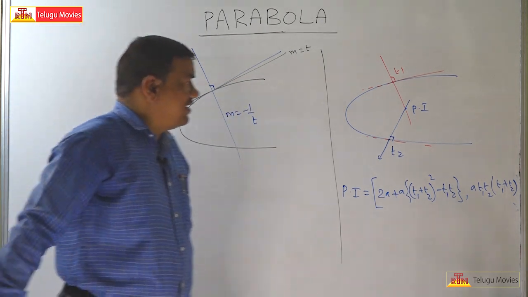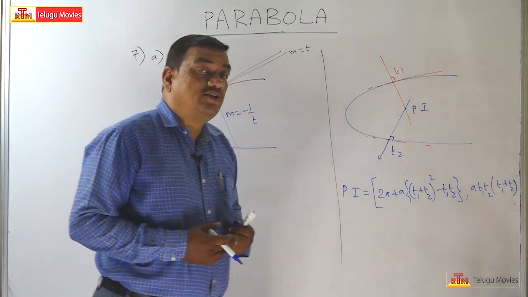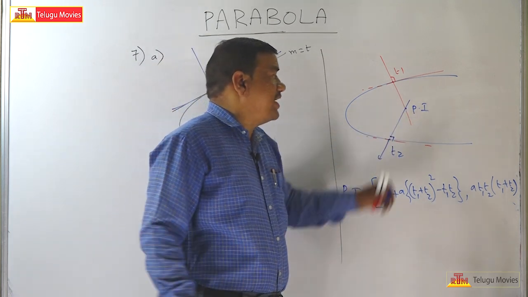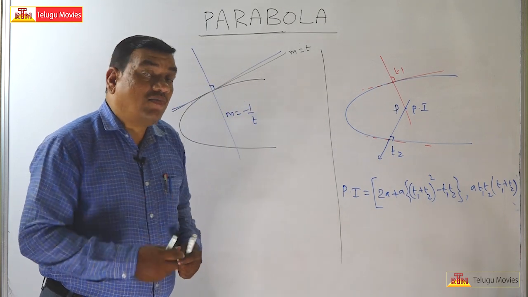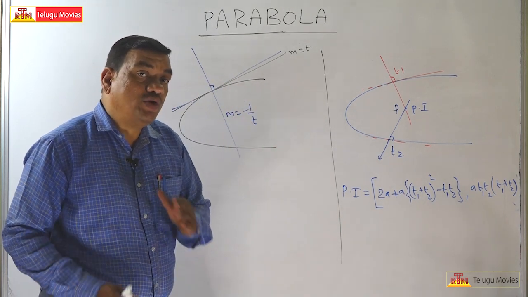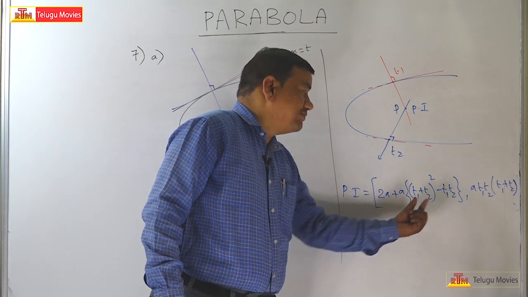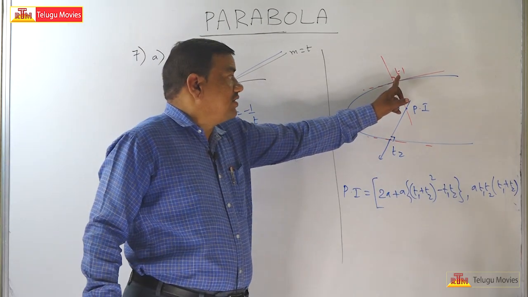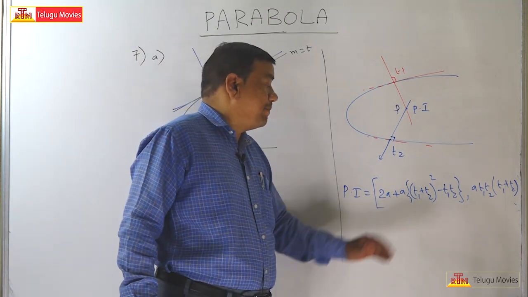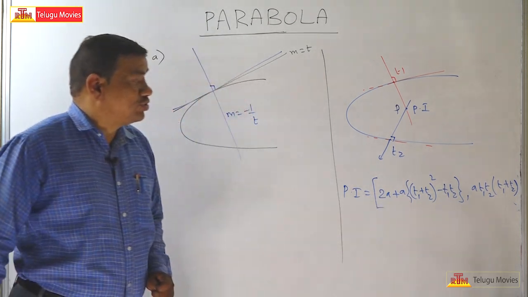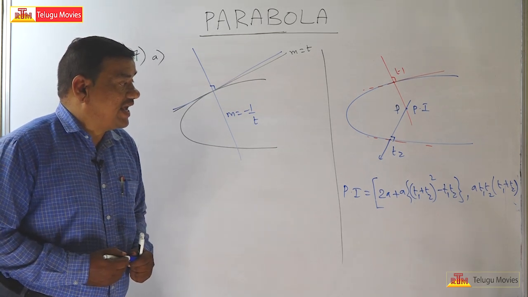Right. So here let us take two normals. One normal is at t1, another normal is at t2. Let them intersect at some point P. Therefore, the point of intersection of the normals at the points t1 and t2 is given by the formula: x coordinate is 2a plus a times (t1 squared plus t2 squared plus t1 t2), and y coordinate is minus a times t1 t2 times (t1 plus t2).